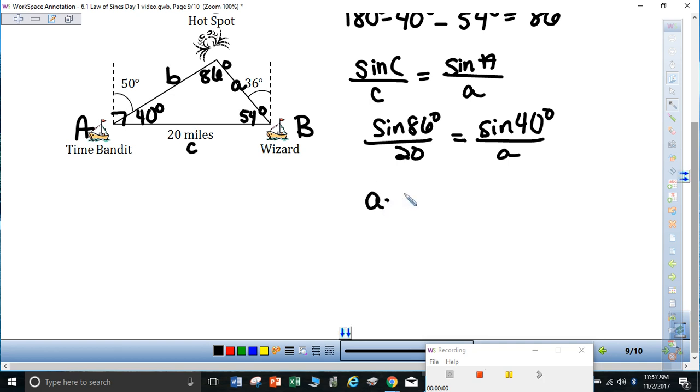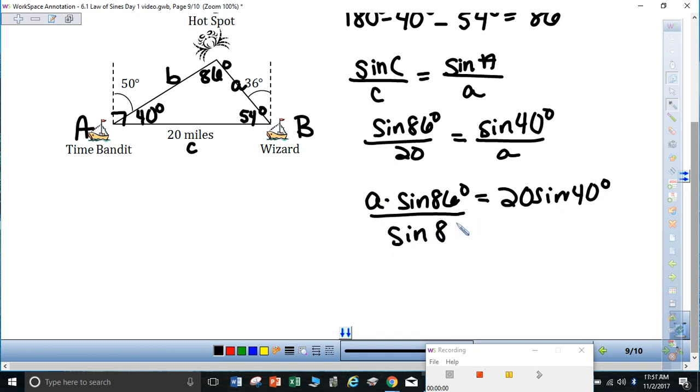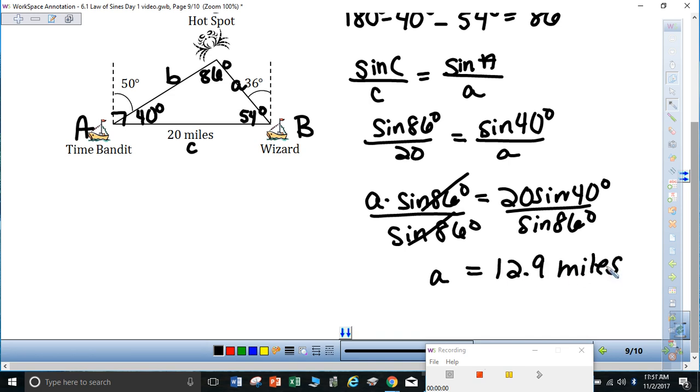All right, so we'll go ahead and cross multiply. Divide both sides by sine 86. All right, careful with your parentheses when you're typing this in. And we end up getting about 12.9 miles. So that's the distance that the Wizard is away from the hotspot.